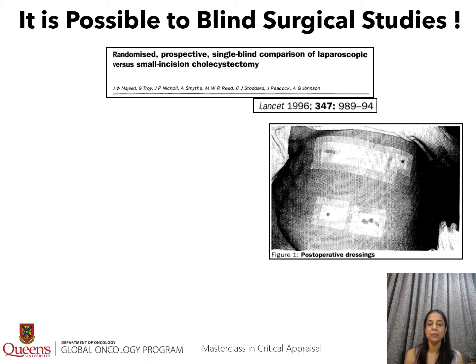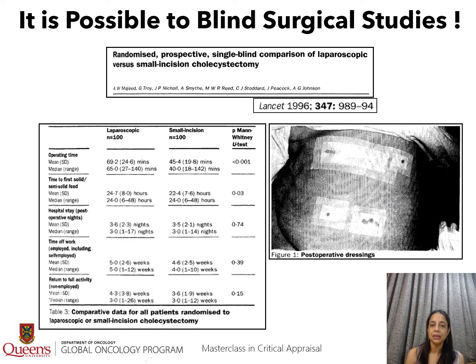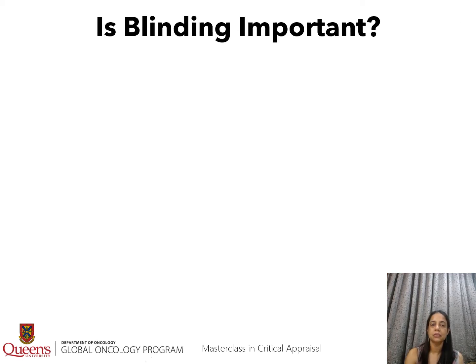And to maintain blinding in the post-operative period, the patient's abdomen was covered with blood-stained dressings in a manner which allowed no one to figure out what surgery had actually been performed. This study showed that cholecystectomy, whether performed laparoscopically or via small incision, had no impact on most post-operative outcomes.